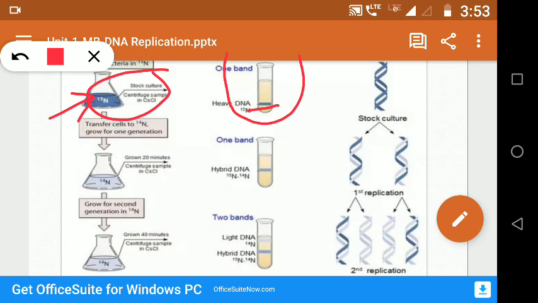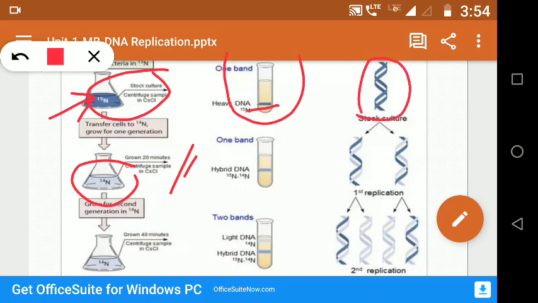So we got a heavy band, and then they took the same bacteria and grew them in N14 labeled medium, light isotope labeled medium, and they grew them for only one generation, that is around 20 minutes. So what happens in one generation?